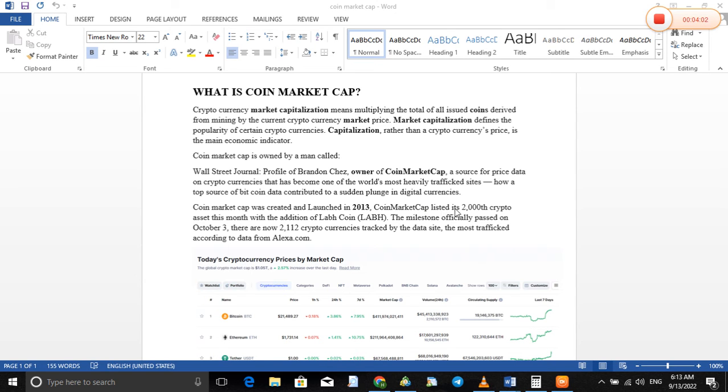CoinMarketCap listed its 2,000th crypto asset this month, with the addition of a new coin, and the milestone officially passed on October 3. There are now 2,112 cryptocurrencies tracked by the data site, the most tracked according to data from another site.